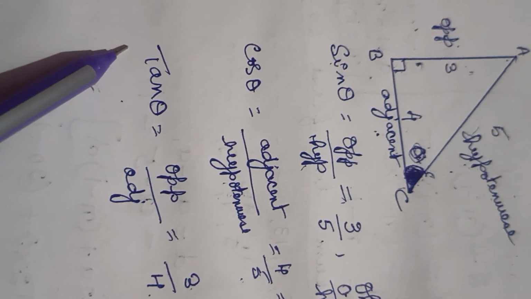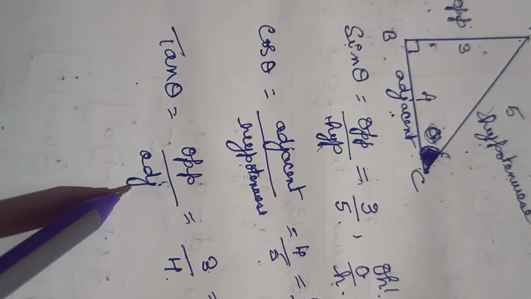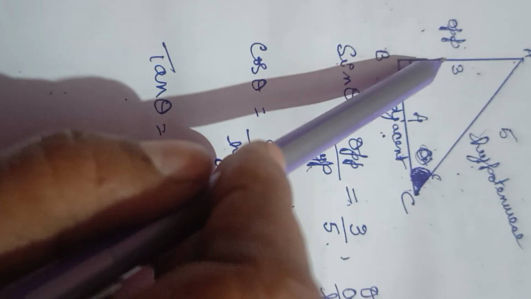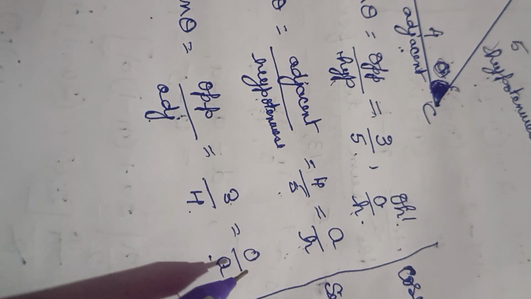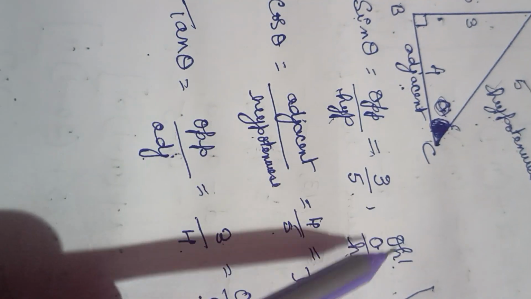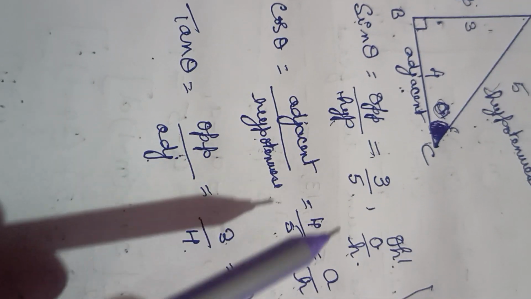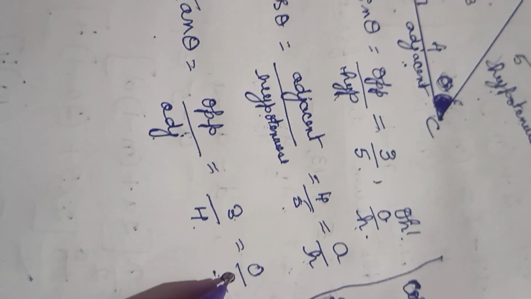Tan theta can be given by opposite by adjacent. So, opposite is 3, adjacent is 4, 3 by 4, and in short you can remember it as OA. So, sin theta is OHO, cos theta is AHA, tan theta is OA. In this way you can remember.